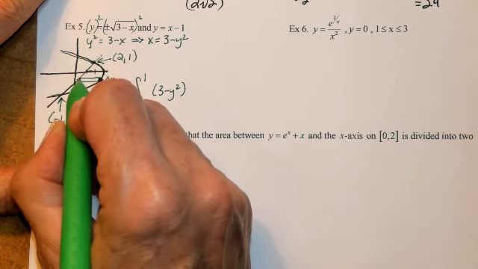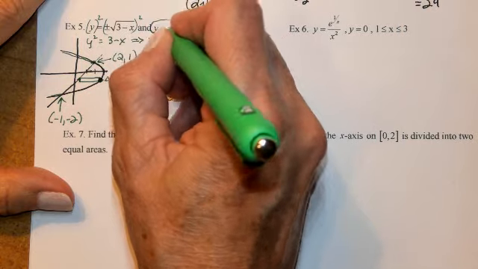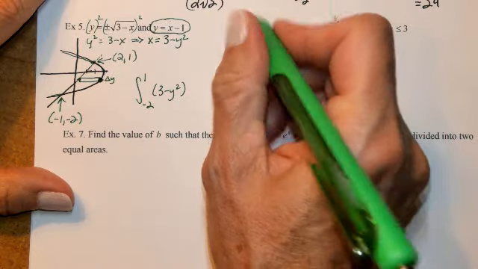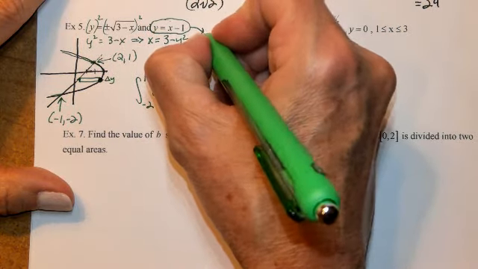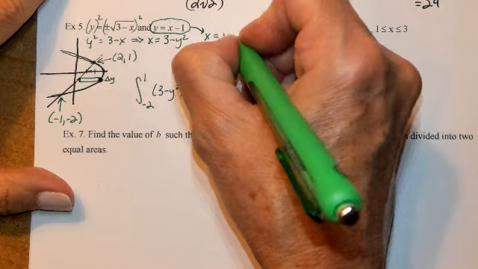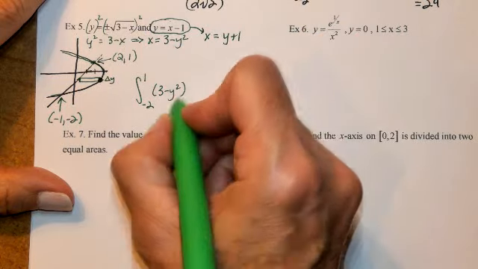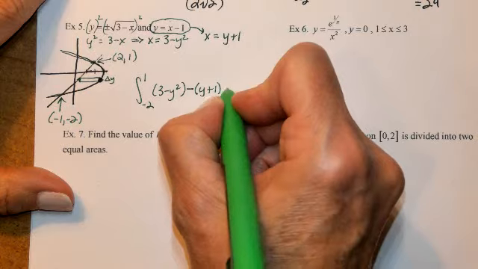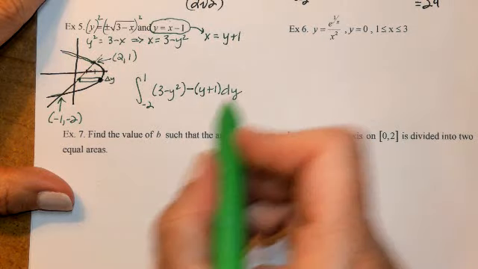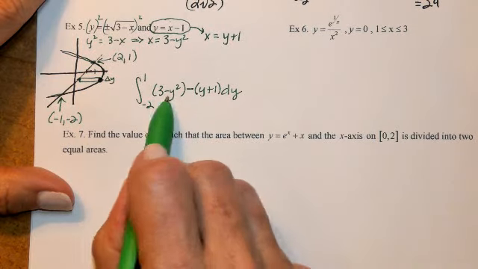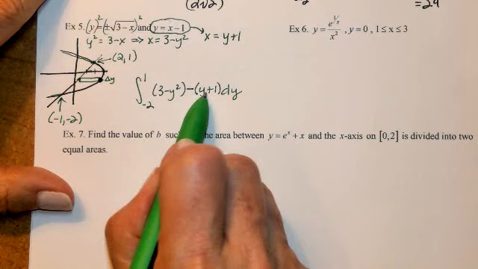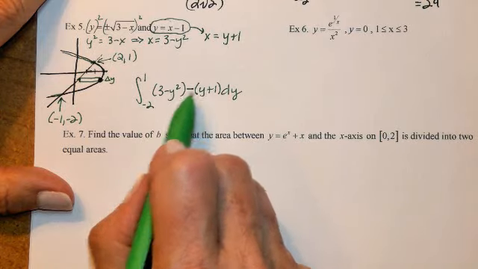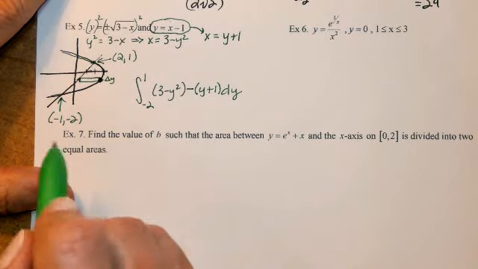Now I need to subtract this side. Again, I have to make it be x equals, not y equals. This would be x is equal to y plus 1, right? So we subtract y plus 1 dy. If you're doing a delta y, you've got to have y's here, right? No x's. So this is the integral that will give the area.